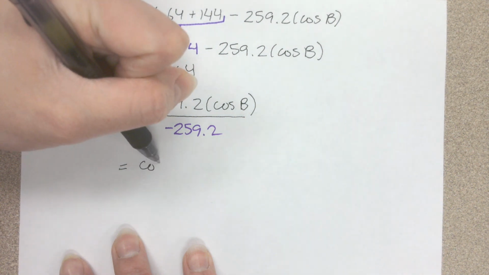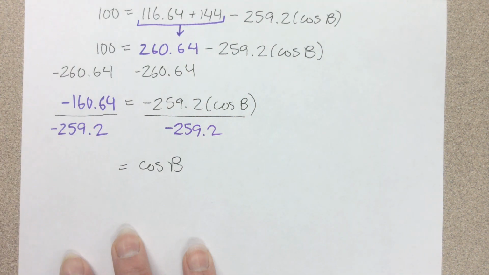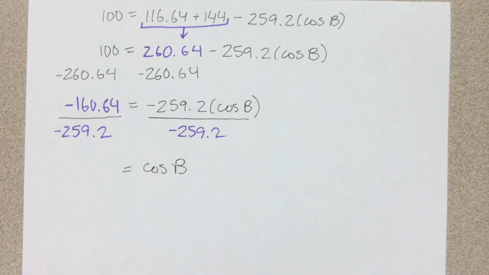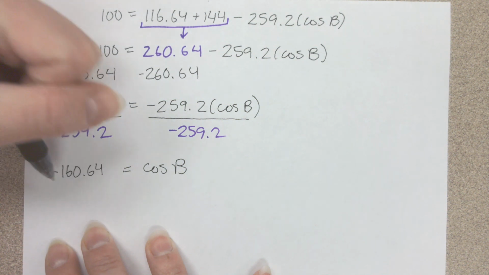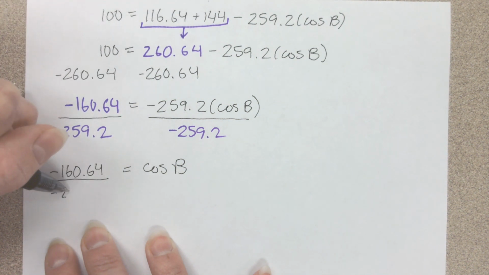That's going to leave us with cosine of b is equal to, I'm just going to bring this fraction down. At this point, because it may be tempting, don't go into your calculator. Wait till the very end to use the calculator to get whatever our answer is. Negative 160.64 over negative 259.2.